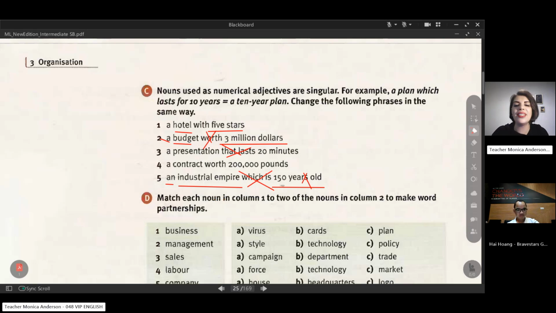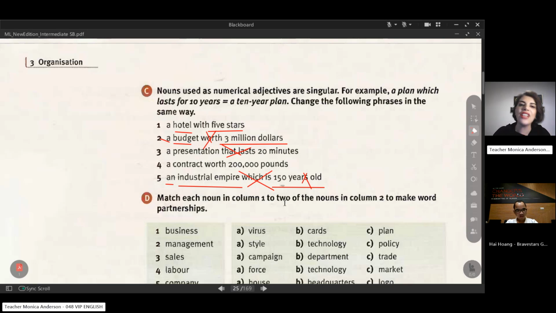Why do we say numerical? Because these are adjectives used to denote the number of nouns, or the order they stand. These numerical adjectives are also called adjectives of number.